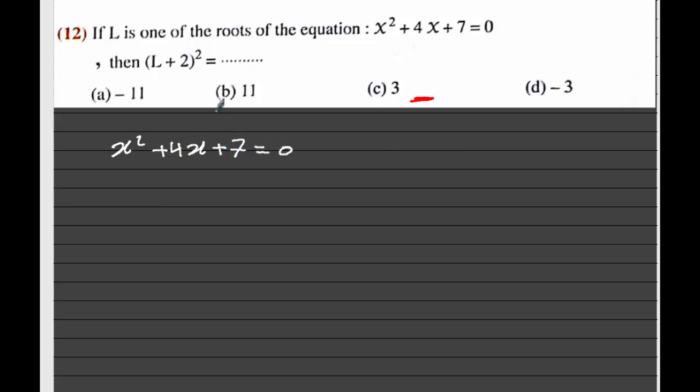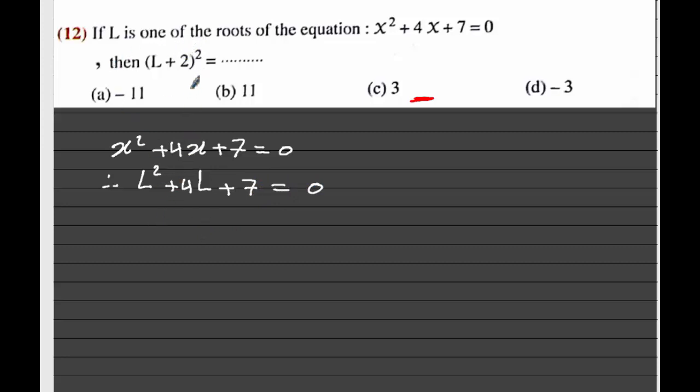It is given. And L is one of the roots. So substituting x equals L, we will get L square plus 4L plus 7 equals 0, because L is one of the roots.